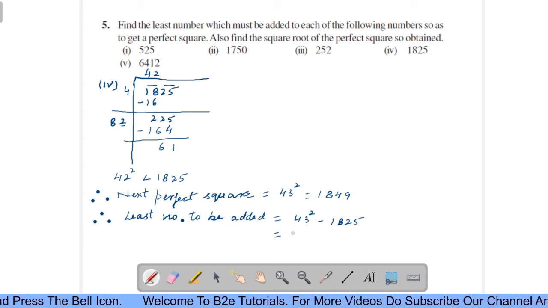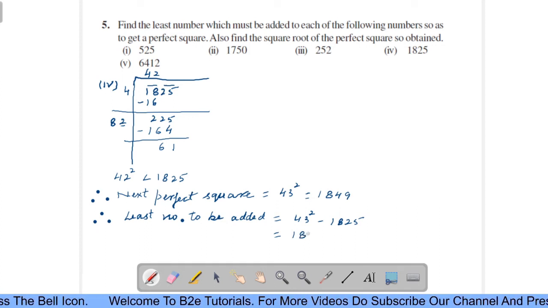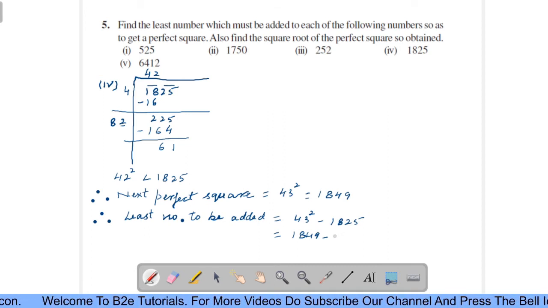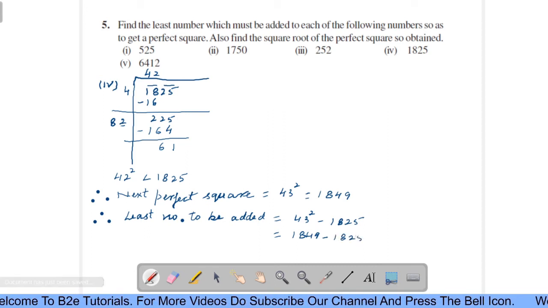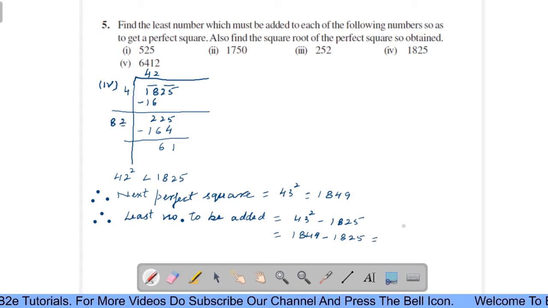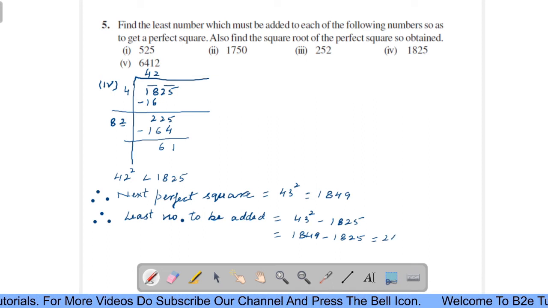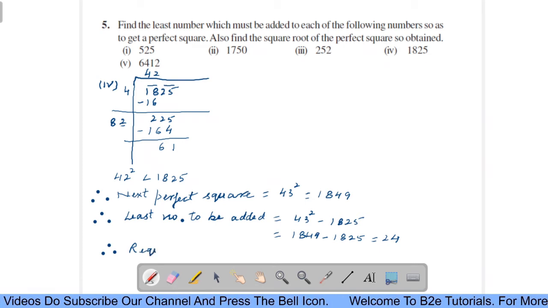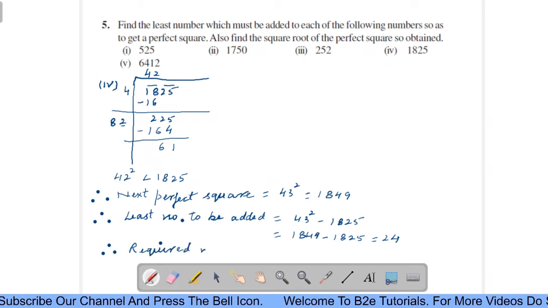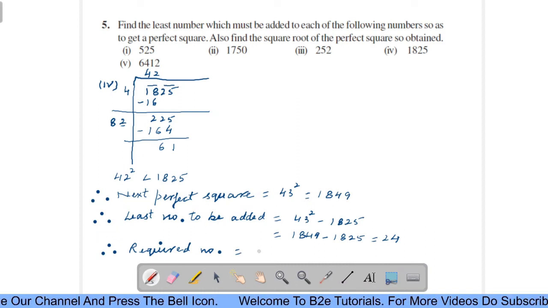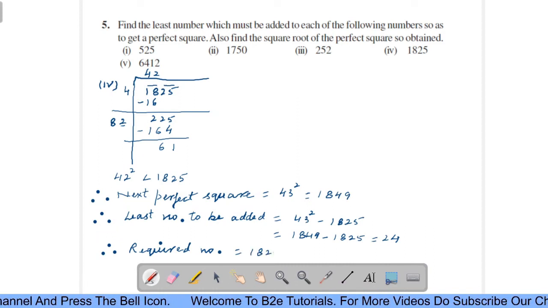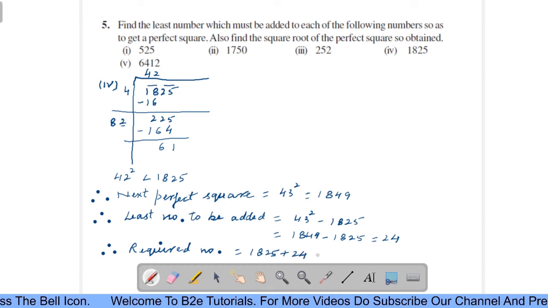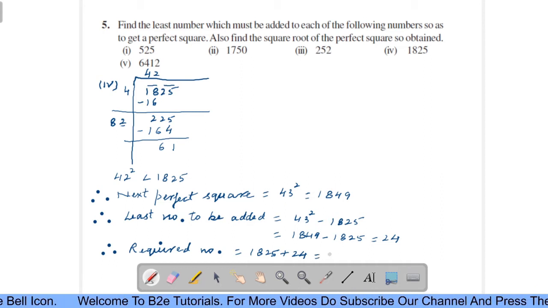What is 43 square? It is 1849 minus 1825. What will you get? 24. Therefore, required number equal to 1825 plus 24. It is 1849.